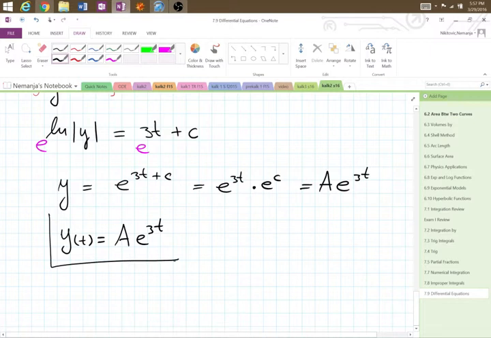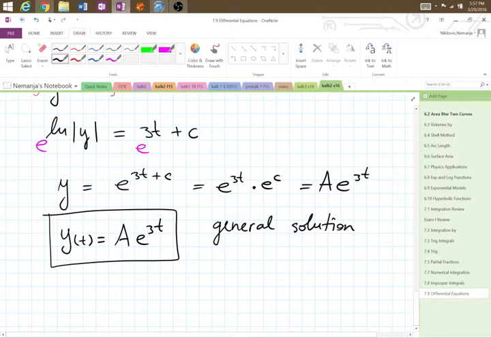And if I box this, this is what is known as a general solution. General solution meaning that you have this constant A, which means that depending on what that A is, you can have a function which is the particular solution.